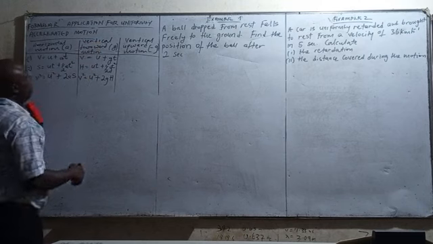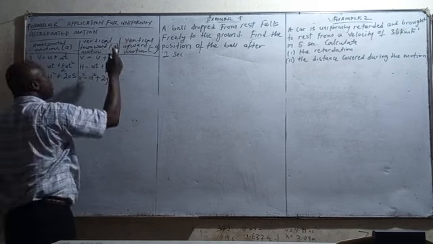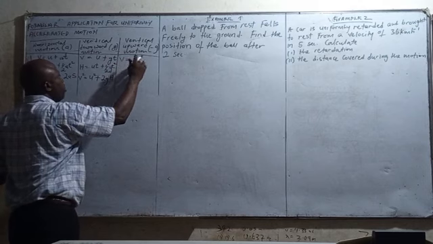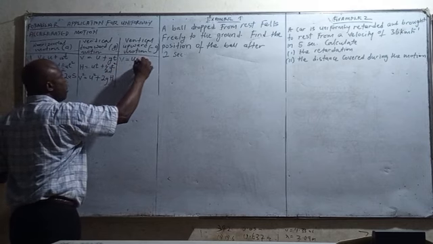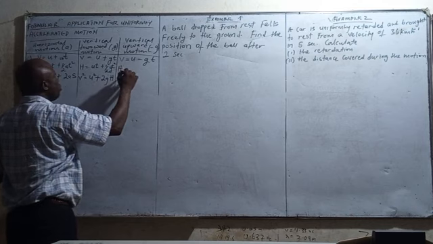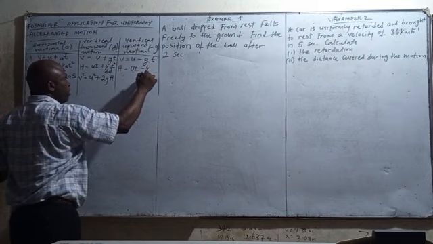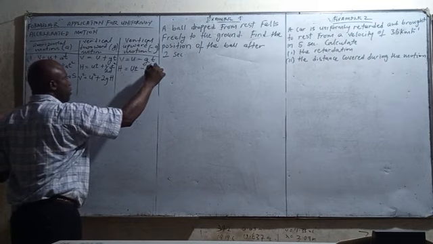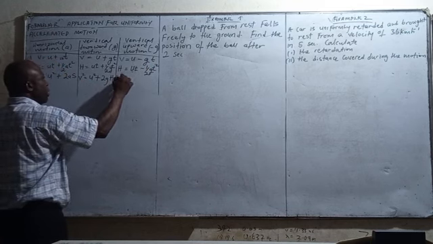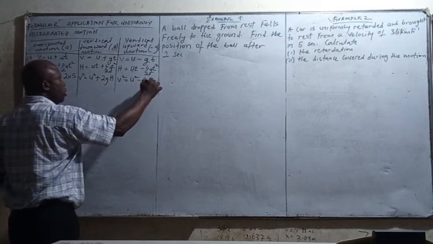But when the body is acting against gravity, the same equations become v equals u minus gt, h equal to ut minus half gt squared, and v squared equal to u squared minus 2gh.